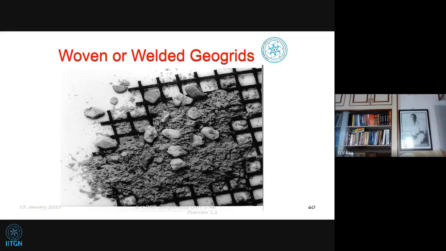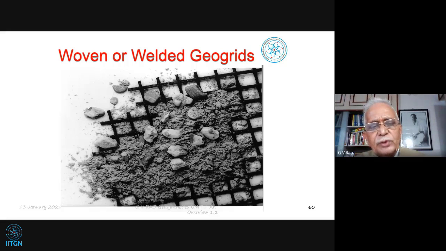And we can make them also using a simple weaving technology. What weaving technology? This looks like weaving technology. That means there's a strip here which is woven, and also there's another strip.